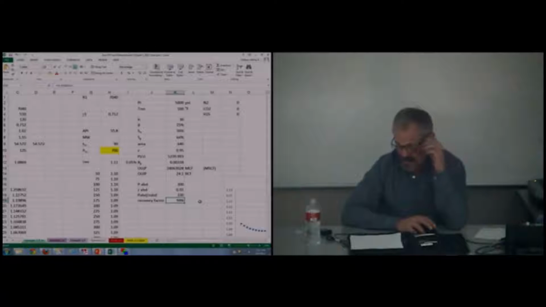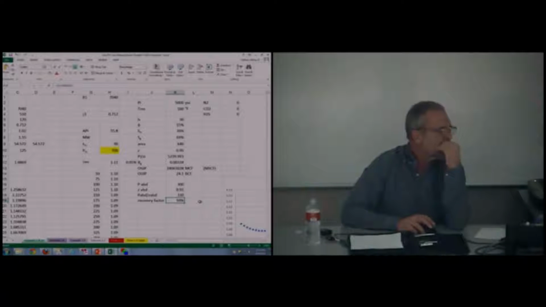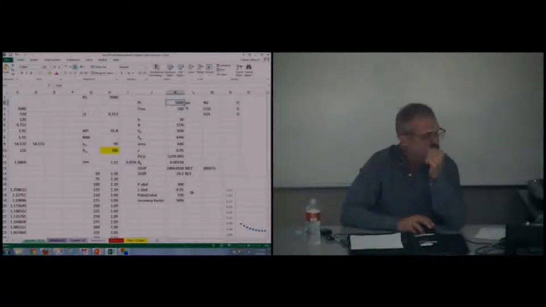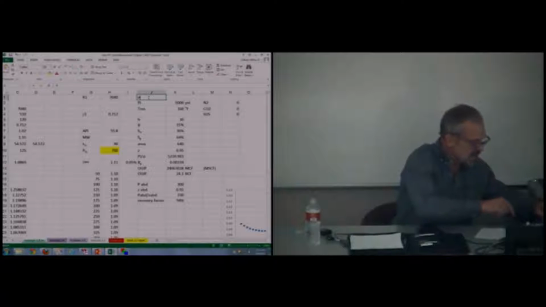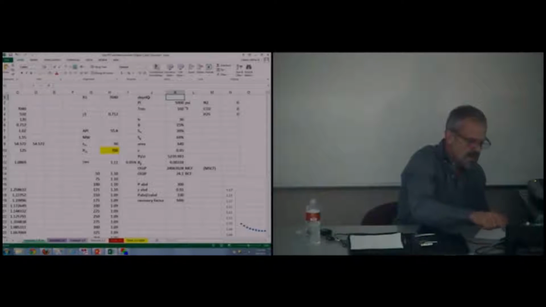94%. Okay, I can tell you right now, we've never produced more than 94% of any gas reservoir. If you got 5,000 PSI, you're at 8,000 feet. So let's just add in here, depth, 8,000 feet.